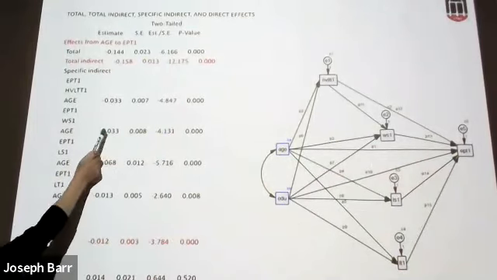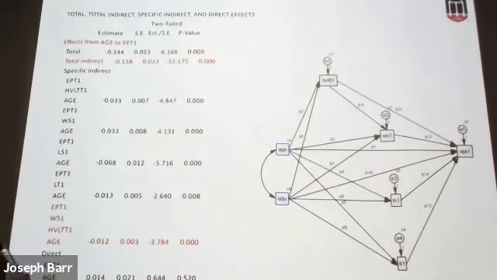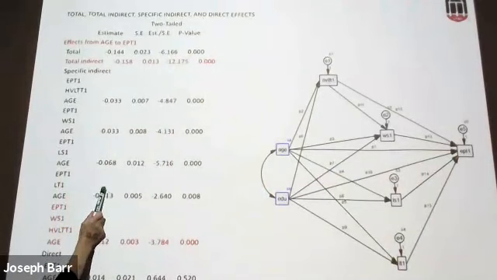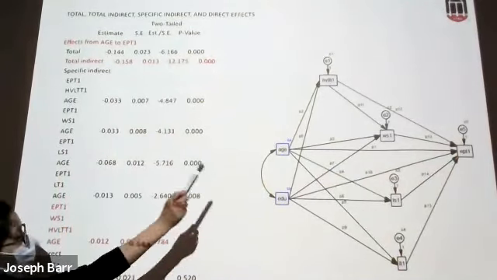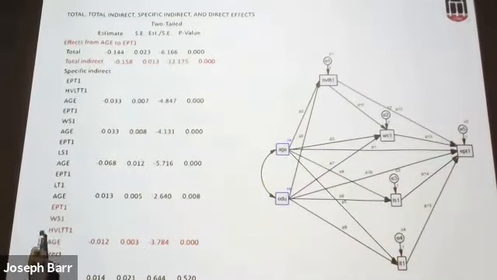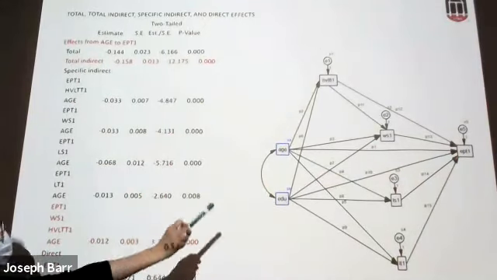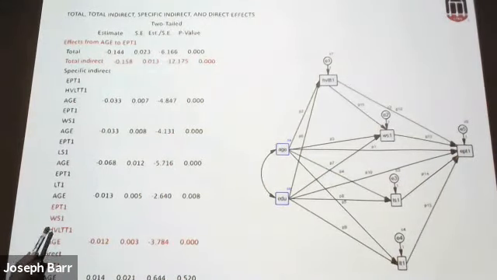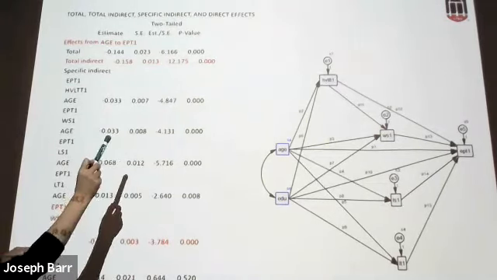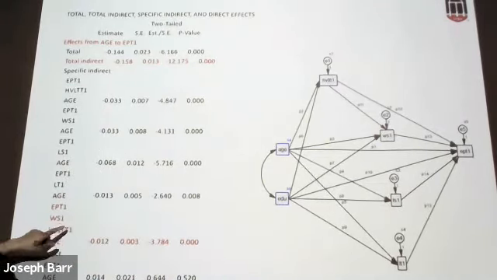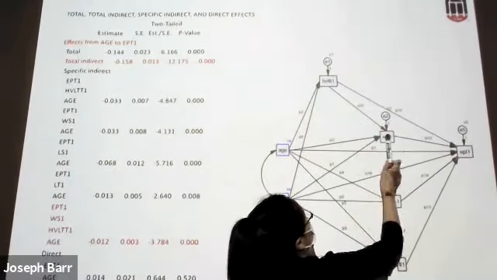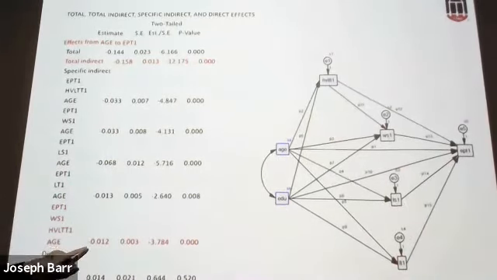That specific indirect is estimated here. And we have this one from age to LS to EPT, this one from age to LT to EPT, and this one from age to HVLTT to WS to EPT.